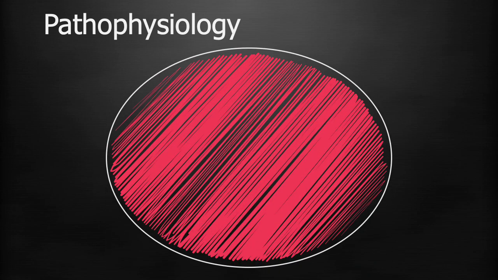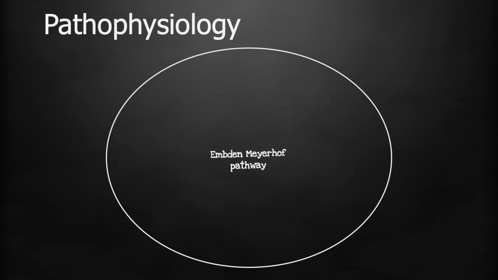For the optimal function of the red blood cells, we have the red blood cell metabolism pathways, and there are four major metabolism pathways involved. The first one is the Embden-Meyerhof pathway, whose main function is to supply energy to the system, whereby it powers the ion pumps in the red blood cell membrane.